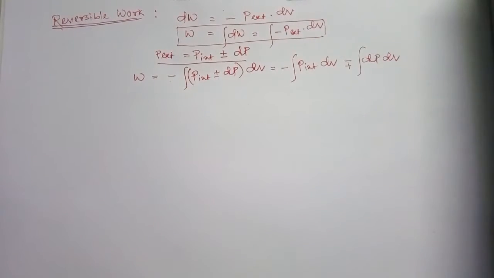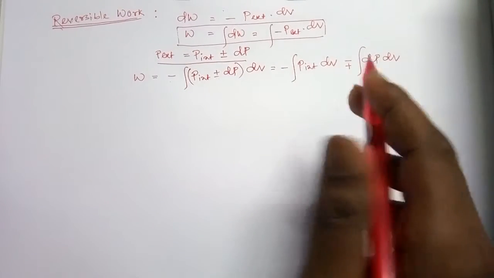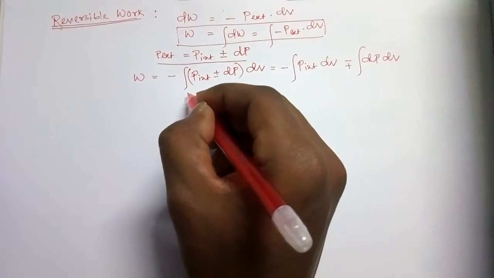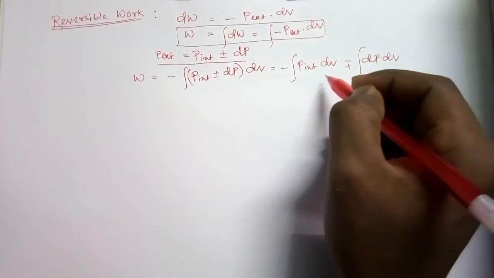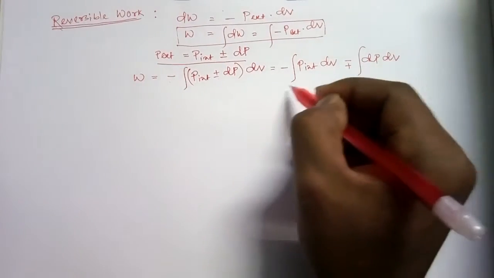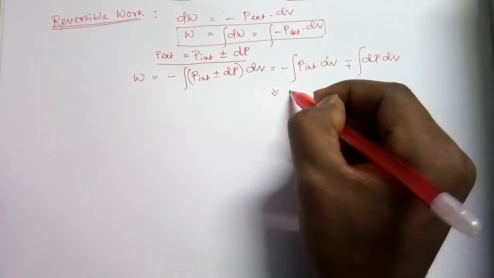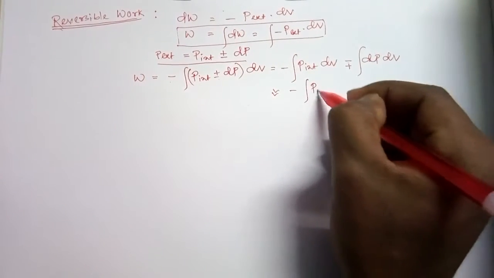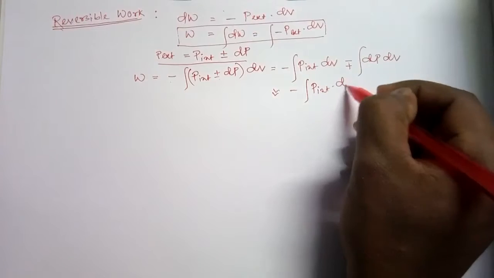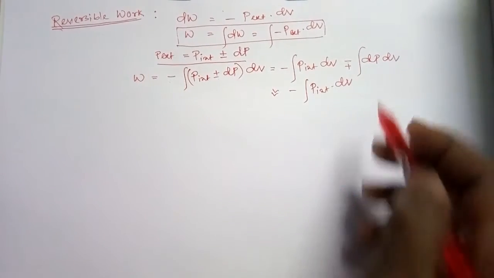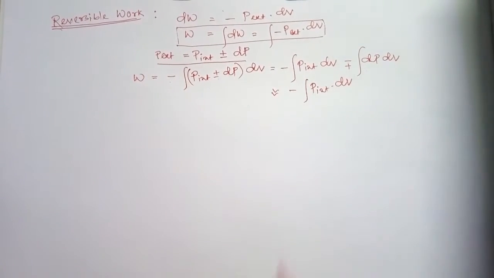Now the second term is very, very small, so we can write this as almost nearly equal to P internal into dV, because we can neglect that term. This is the product of two very, very small terms, right?